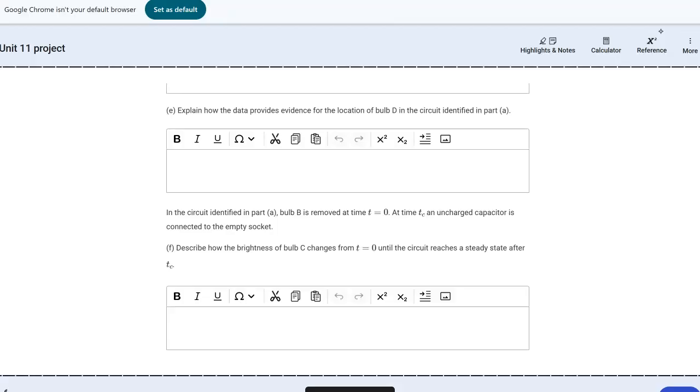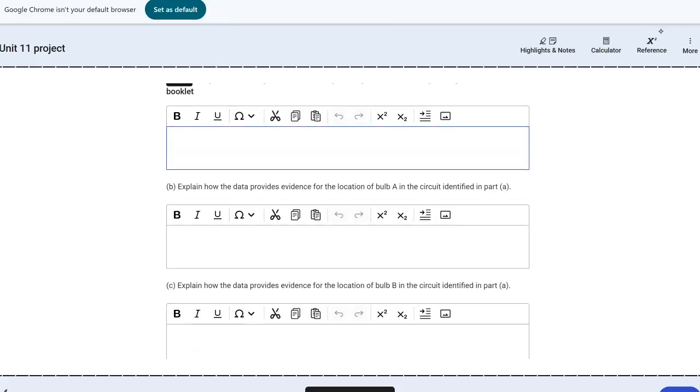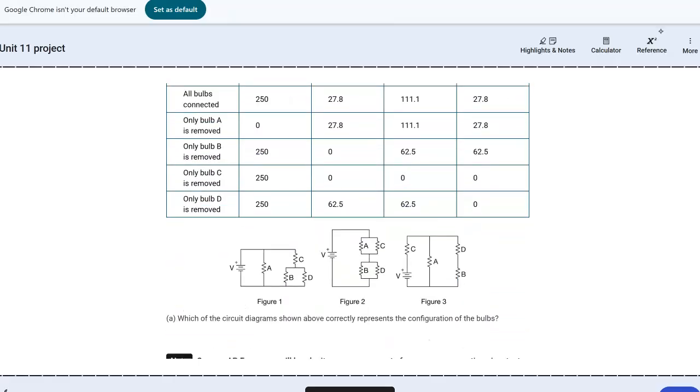Okay, so when it reaches a steady state, that means the capacitor can't take any more. So bulb B is removed at time equals 0. So that's going to leave a gap in the series branch. At time tc, you're going to replace bulb B with an uncharged capacitor.